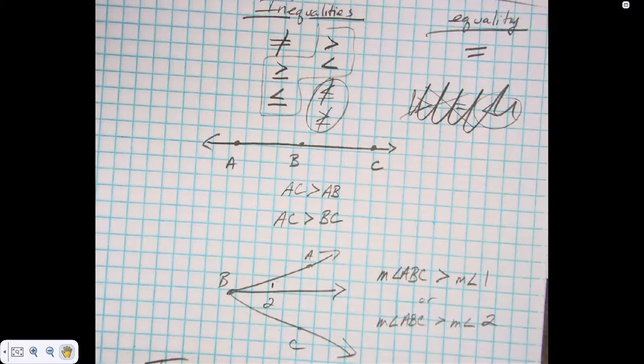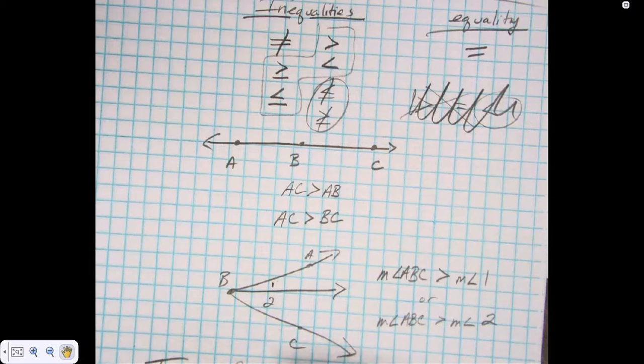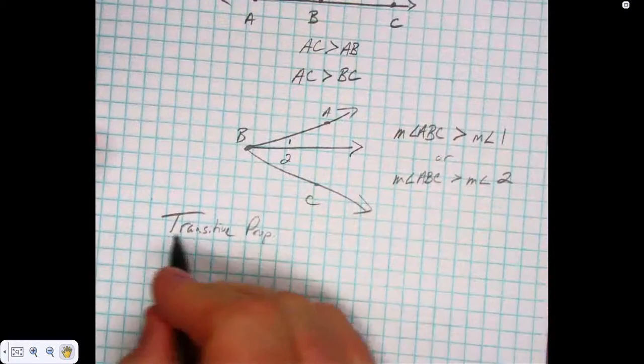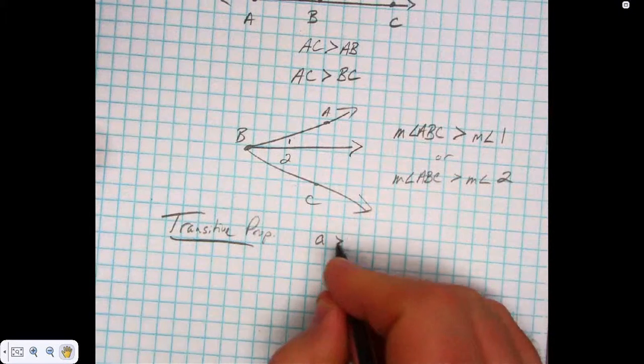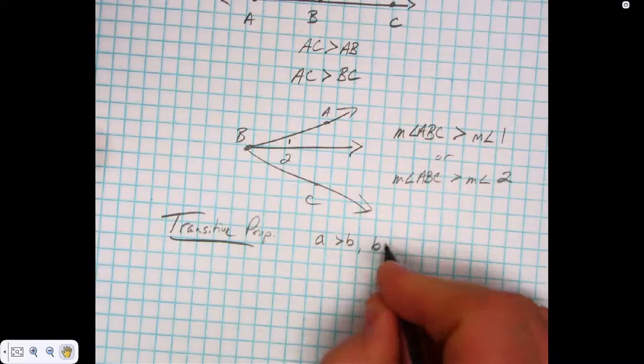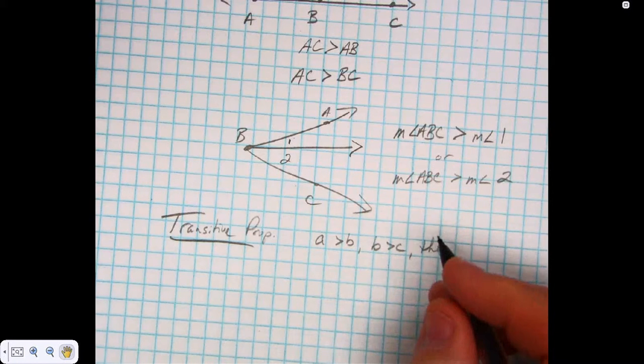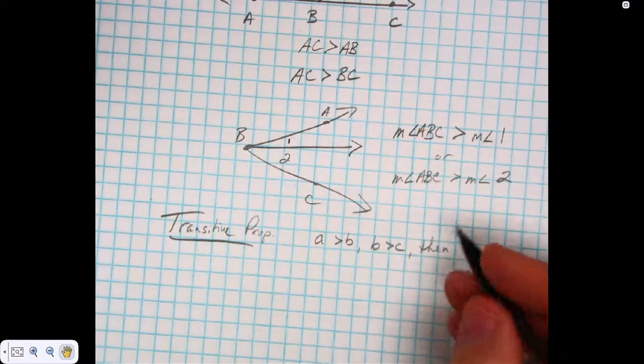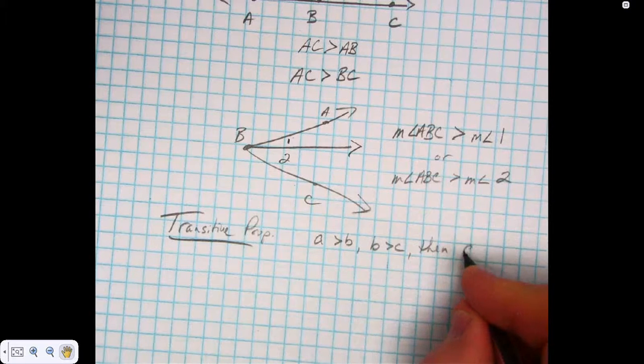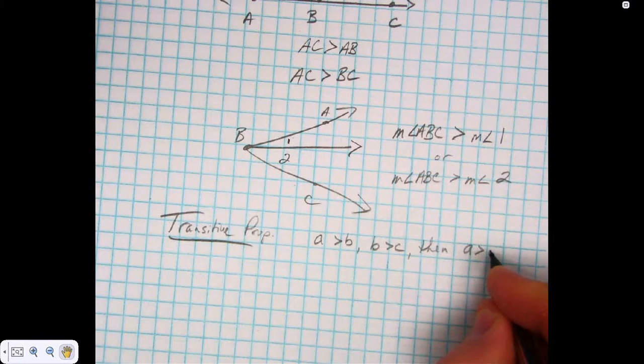They have a transitive property. What do you think it's going to say? If A is greater than B, and B is greater than C, then what? A has to be greater than what?